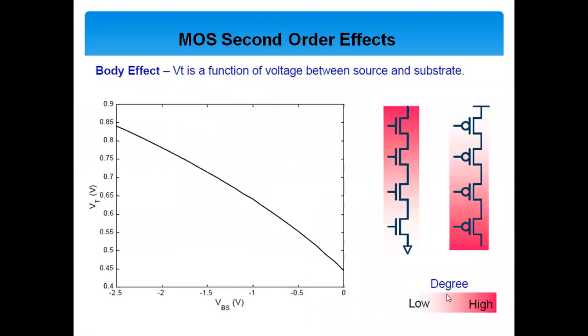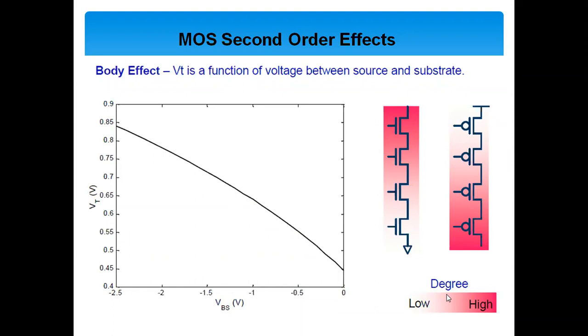Thereafter, we discussed the MOS second order effects. The first one is the body effect. What happens in this body effect? In case of NMOS, the upper portion of the MOSFET, closer to the VDD supply, that means the positive supply, will dissipate the maximum amount of heat, and as you travel towards the ground, the heat dissipation will decrease.